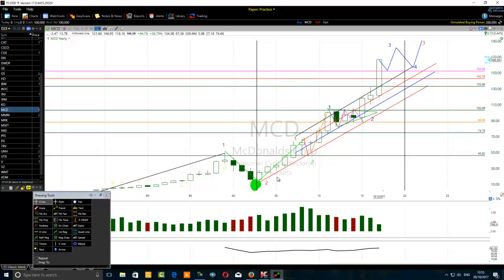So now, are you still there? All right. So first wave of a higher degree, second wave of a higher degree. All this price action that we are seeing now is the third wave of a higher degree, okay? But let's concentrate, so forget about the first and the second wave of a higher degree. Concentrate now only on the third wave of a higher degree, okay?